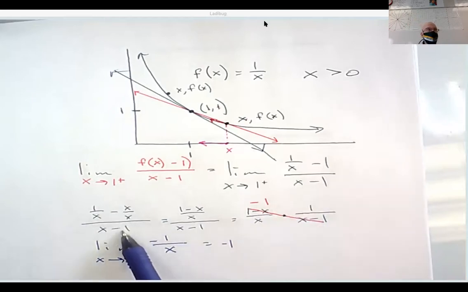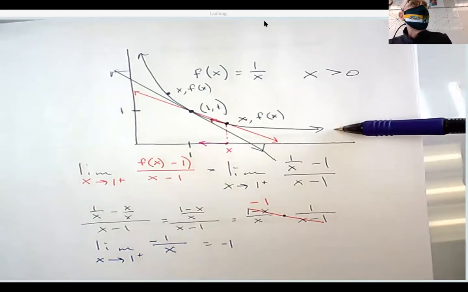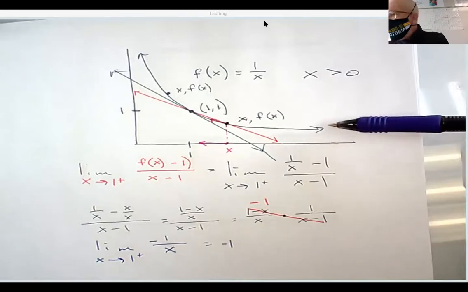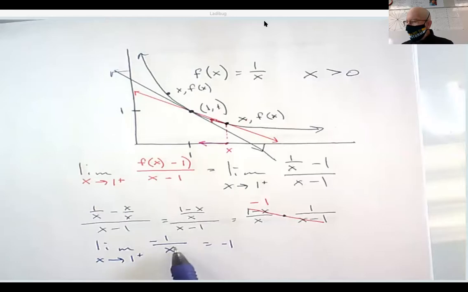I still would have to do this algebra, and I would still get a -1. How do I know that? This thing's continuous, correct? Would everybody agree with that? The only thing that would change is I would just put a minus sign in here, right? And you can see when I typed it in the table, I got the same value. Everybody with me on that?